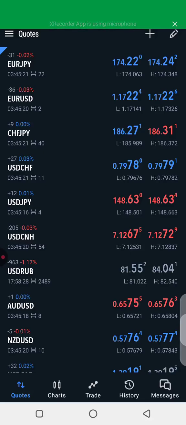If you are right, you make money, but if you are wrong, you lose money. Here, you are not buying the actual currency, but you are simply trading their price movement on a chart using your broker's platform.